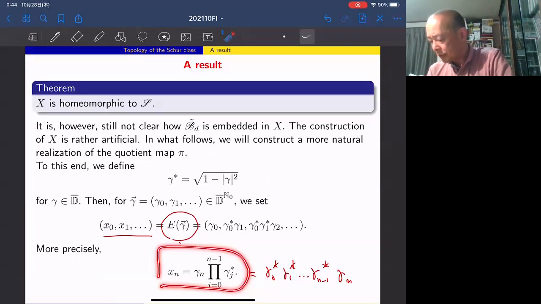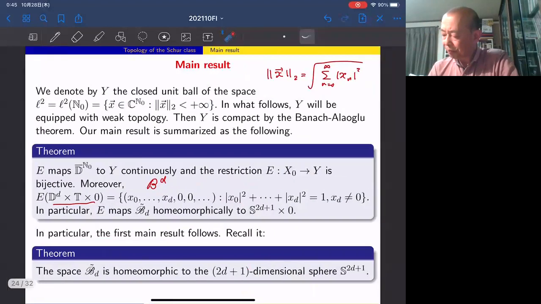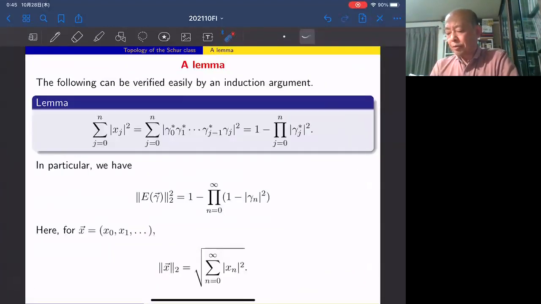please recall this one. And if we consider this summation, then this may be expressed by this form. This is rather different, but anyway, this can be shown by just a standard induction argument. In particular, letting n tend to infinity, we get this relation.